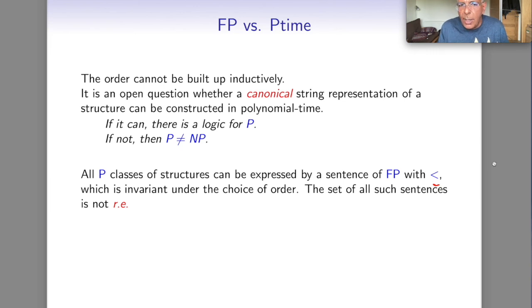So that's what we call an invariant sentence, and the collection of invariant sentences is in some sense a logic for P, but not in the sense we want, because it's an undecidable property of a sentence whether it is invariant in this way, in fact. So it doesn't give you even a recursively enumerable set of sentences.